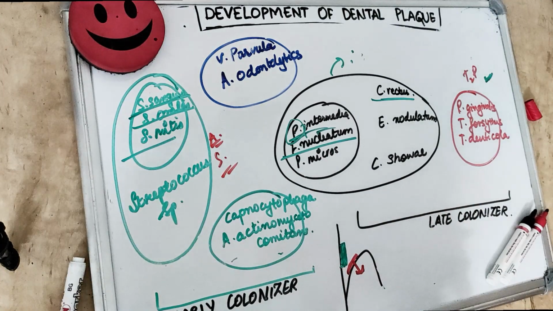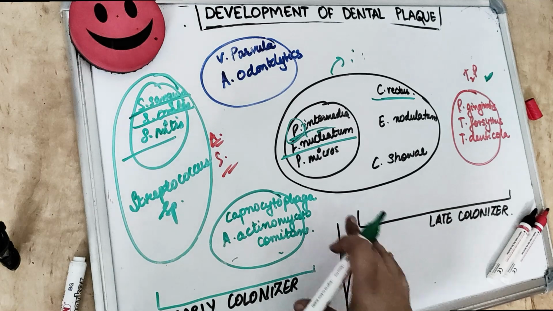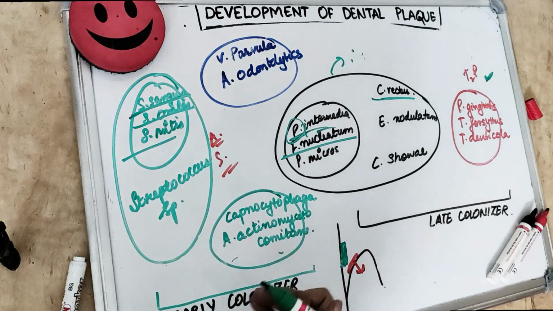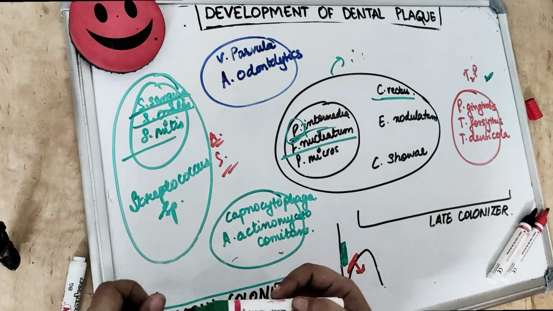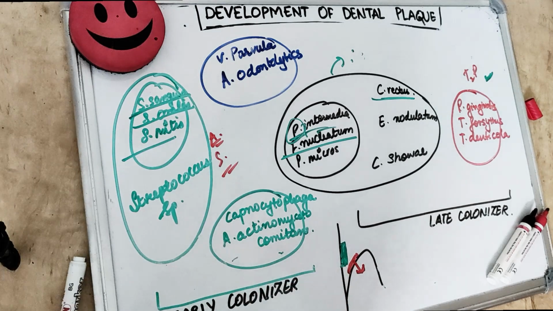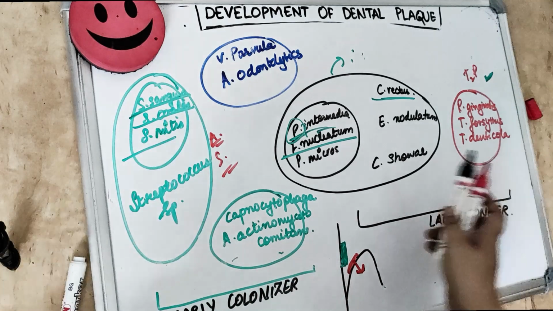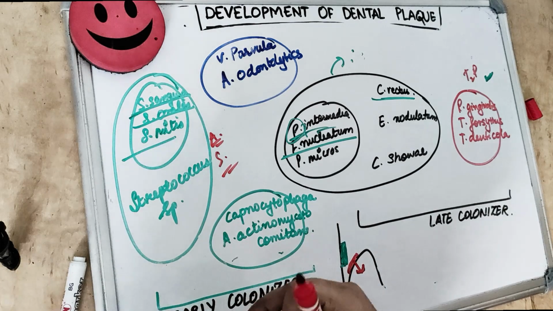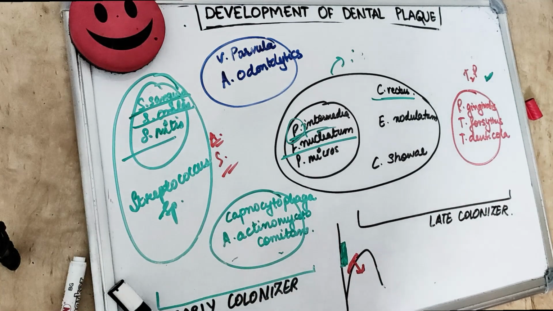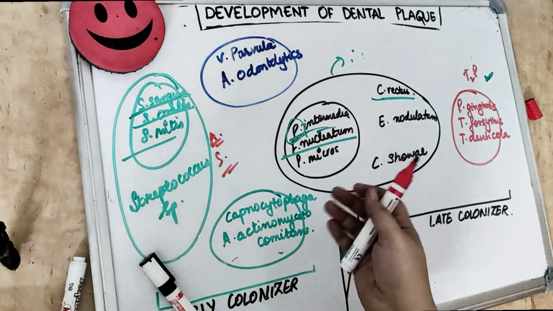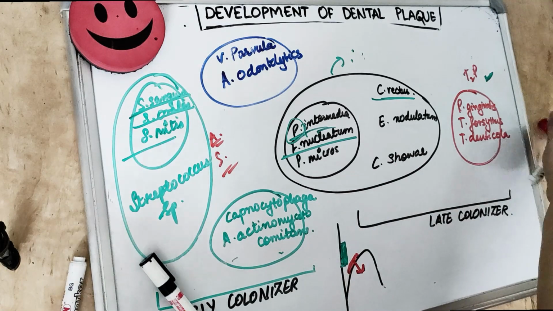So this is about the development of the plaque, which is first the formation of the pellicle, and then there is initial adhesion and there is attachment. After the initial adhesion, when the first bacteria come and make contact, it makes a strong bond, which is our attachment, and then later on there is colonization, as we compare it with the coronavirus.